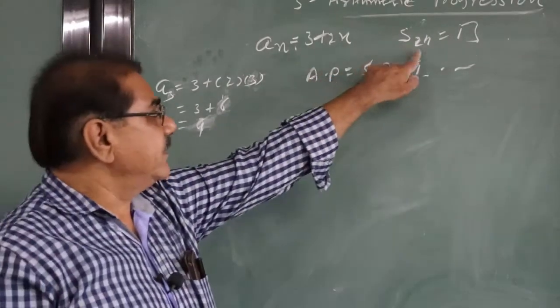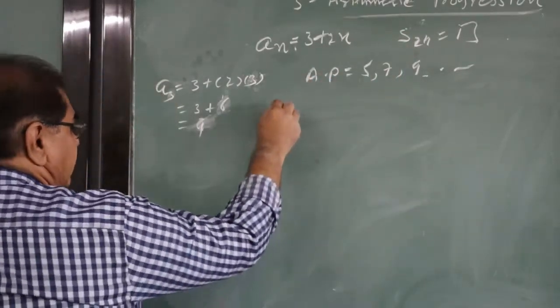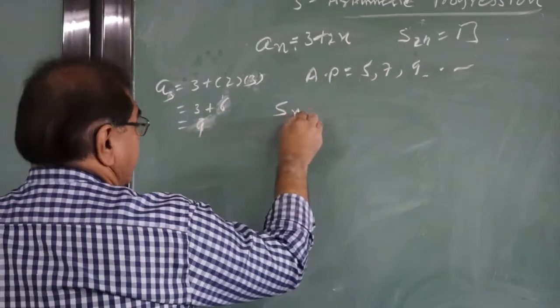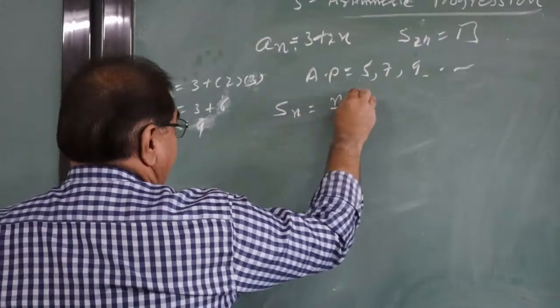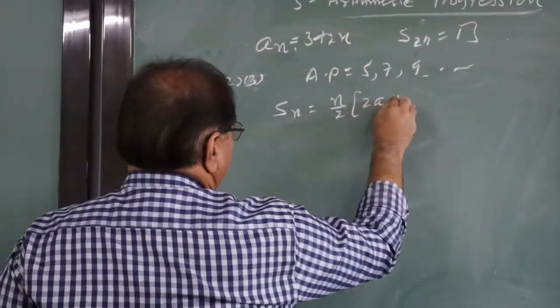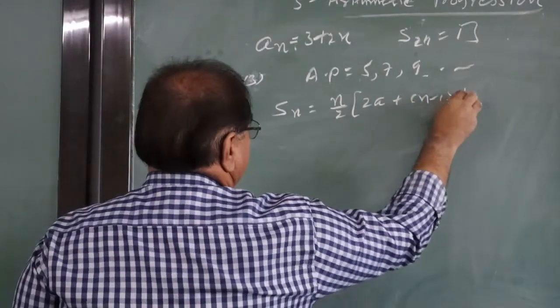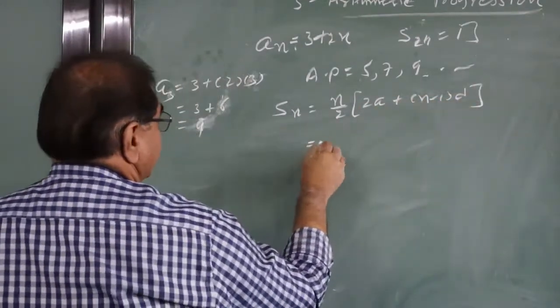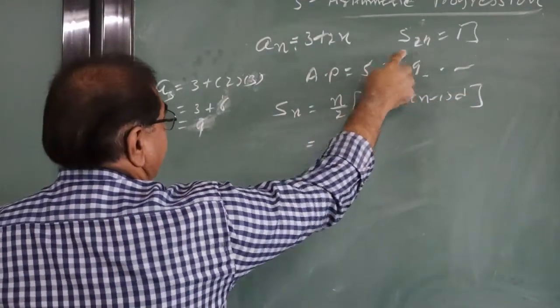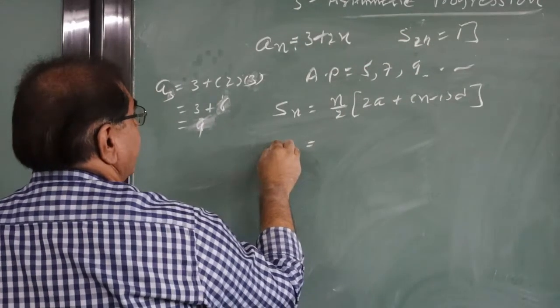And you find S24. First of all, we put the formula Sn is equal to n by 2 into (2a plus (n minus 1) into d). The value of n is 24.